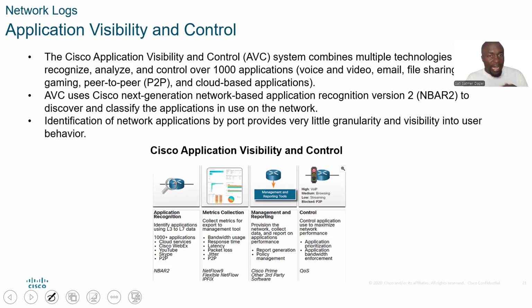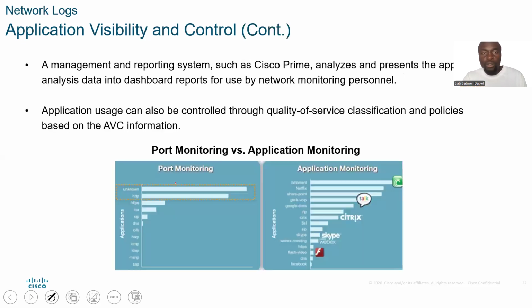It will analyze, control, and manage your voice, video, filtering, email, file sharing, gaming, peer-to-peer, and cloud-based traffic. It's what we call an all-in-one. It's one device that has all these things combined together. That's why they call it Application Visibility and Control.